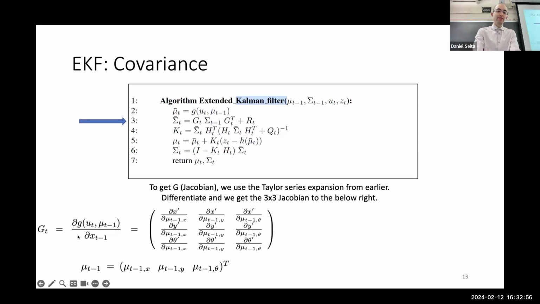This is the standard way to define the Jacobian when we are linearizing the function g, and we differentiate it with respect to x_t-1. When you write out the Jacobian definition, you get something like this.